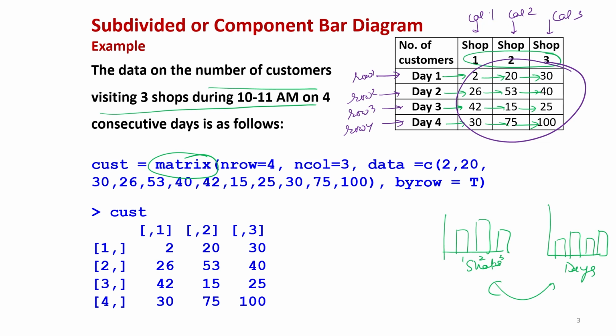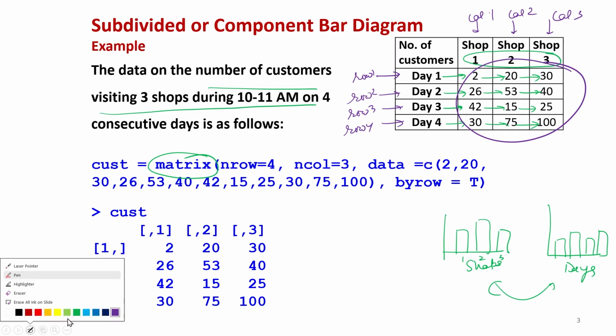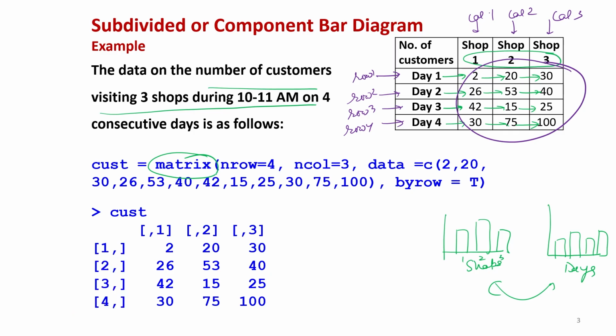So this data can be represented in a matrix of order 4 by 3. I give the command matrix with nrow equal to 4, ncol equal to 3, and if I want to enter the data row wise, I write byrow equal to TRUE, and then I give the data like 2, then 20, and then 30, and so on.